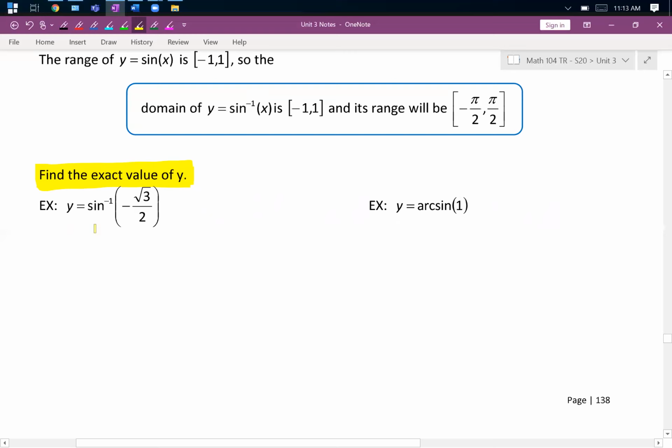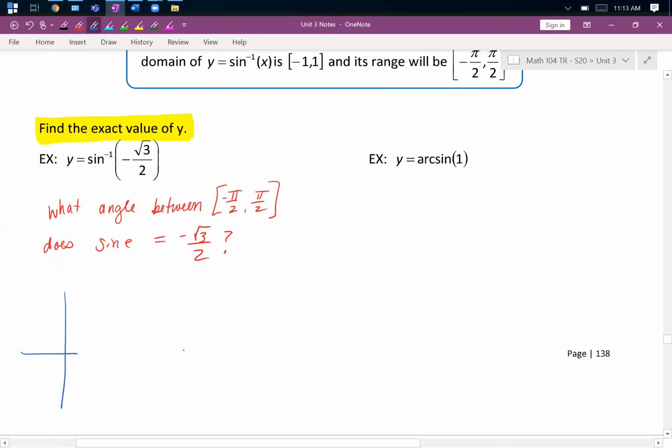So y equals sine inverse of -√3/2. Basically, the question is, what angle between -π/2 and π/2 does sine equal -√3/2? So that's what this question's asking, the notation's asking us.